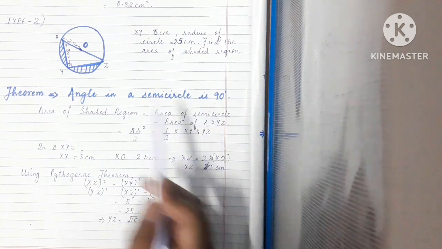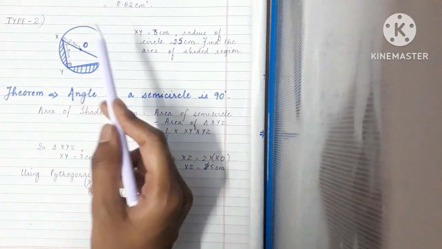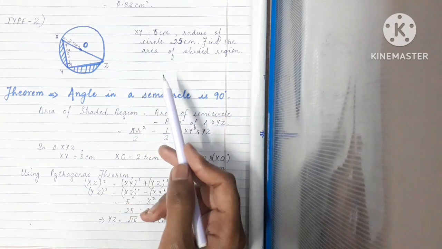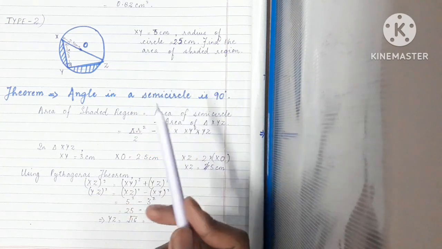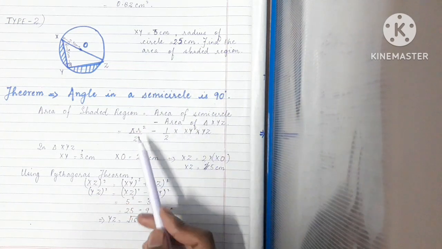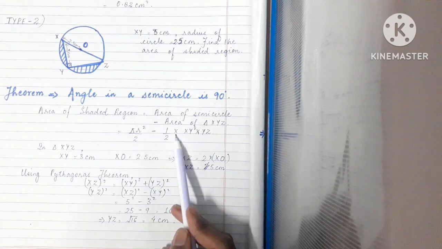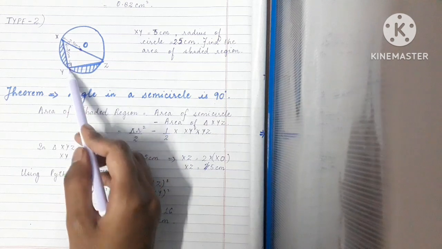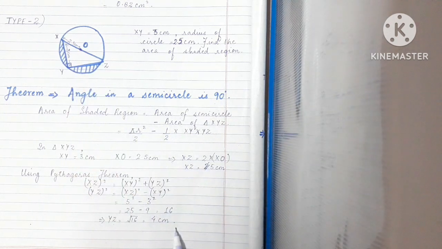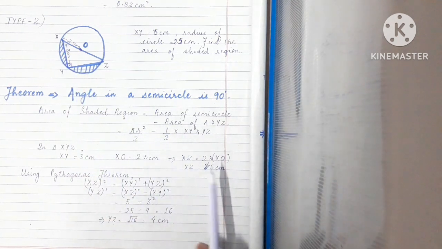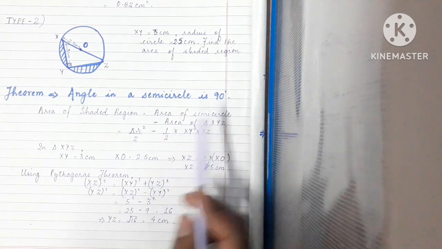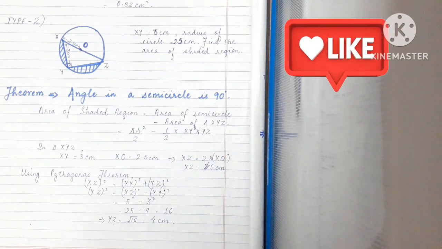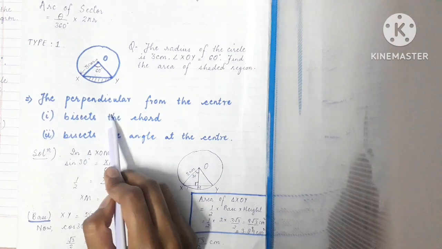See, the area of complete circle is pi r square, so area of semicircle is pi r square by 2, because semicircle means half circle, so pi r square by 2 minus area of triangle is half into base into height. Putting the value of xy and yz that we have just now calculated, we will find the area of the shaded region. So remember the two theorems very importantly, and all the best for your exams.